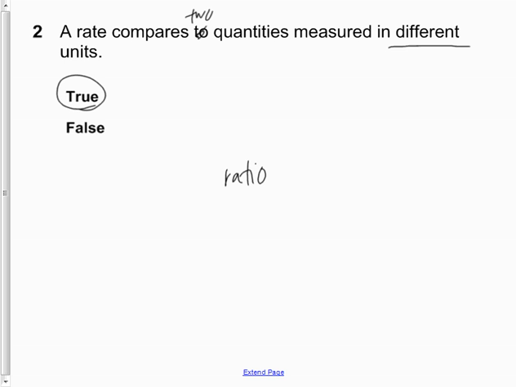So for example, that last question on marbles was red to blue marbles. That's a ratio of red to blue. But a rate would compare things like kilometers, or distance, excuse me, and units would be kilometers, but distance, which is one type of unit, compared to time.